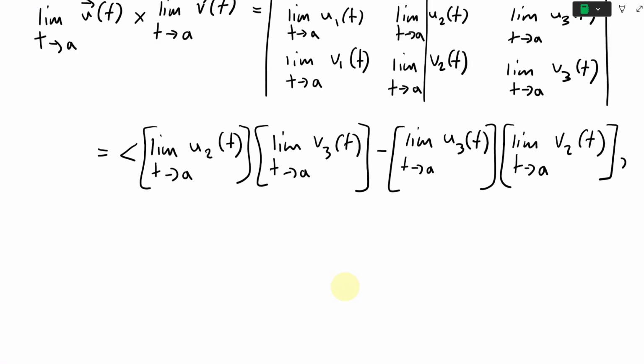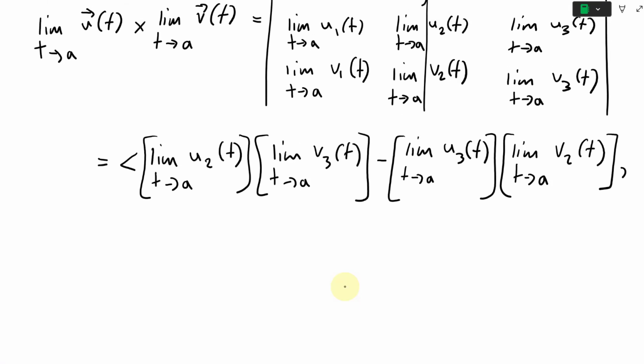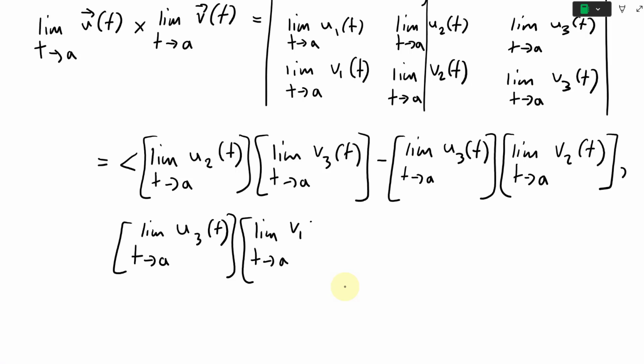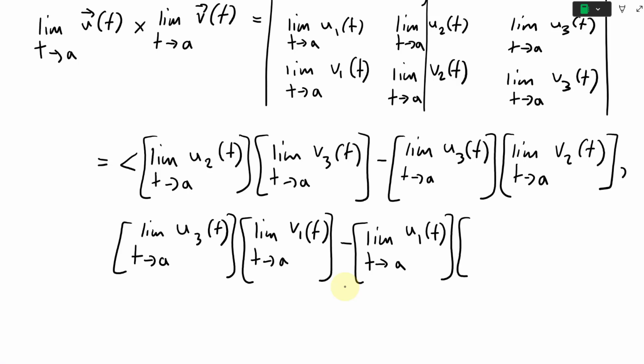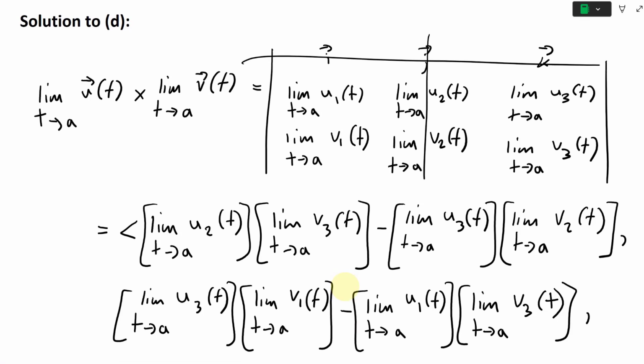So this is going to be the limit as t approaches a of u3 times the limit as t approaches a of v1, and then minus the limit as t approaches a of u1 times the limit as t approaches a of v3, like that, and then a comma.